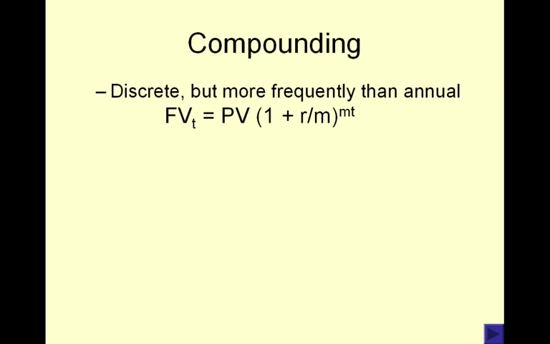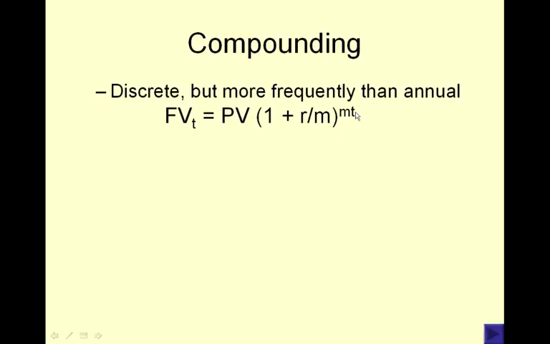As a working example, let's say that we're dealing with quarterly compounding of interest. In that case, M is 4. So the future value is equal to the present value times 1 plus the discount rate divided by 4, raised to the power of 4 times the number of years that we are going to have our investment.